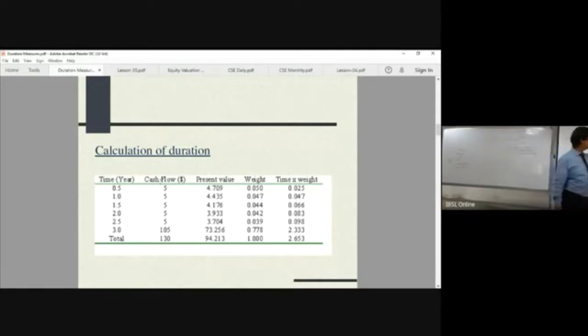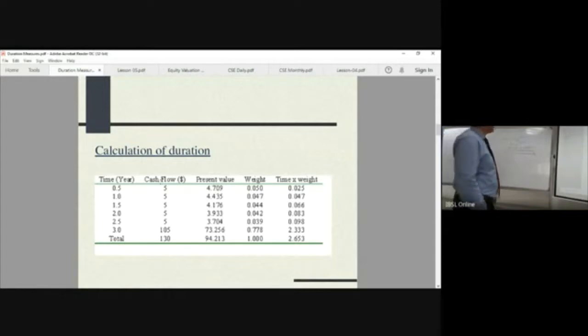Now you refer to the fifth column. Fifth column is the multiplication of the first column and the fourth column. Time into weight. Time is 0.5 in the first line. 0.5 into 0.05 comes to 0.025. Then next line, time is 1. 1 into 0.047 is 0.047. 1.5 into 0.044 comes to 0.066.